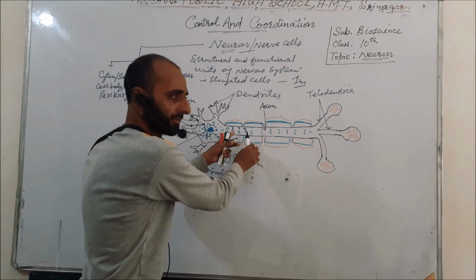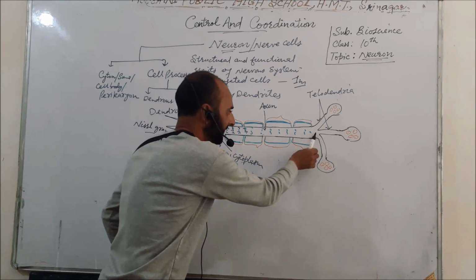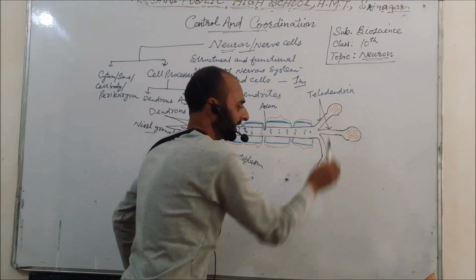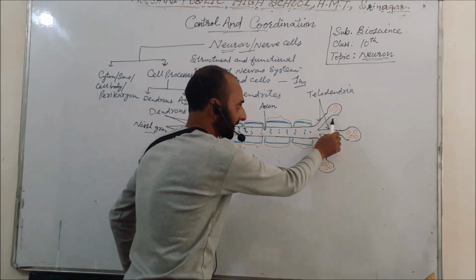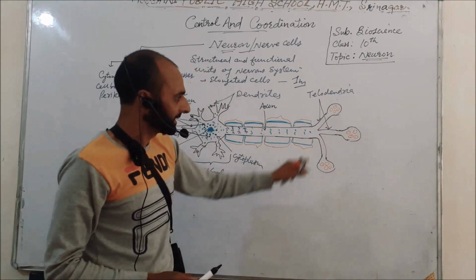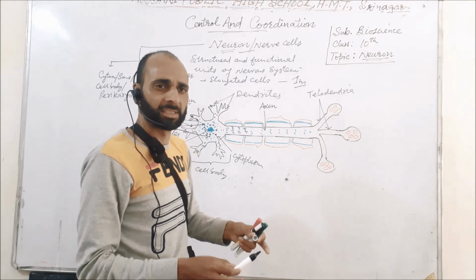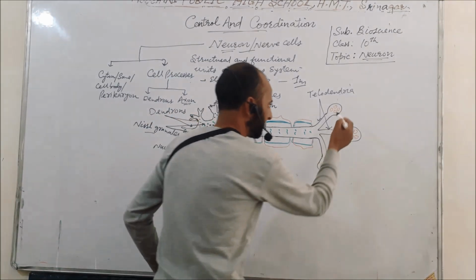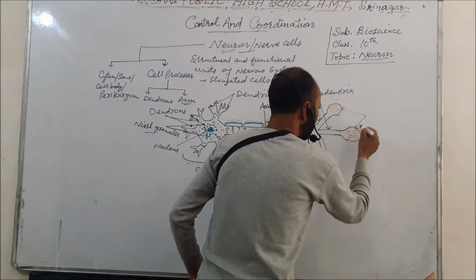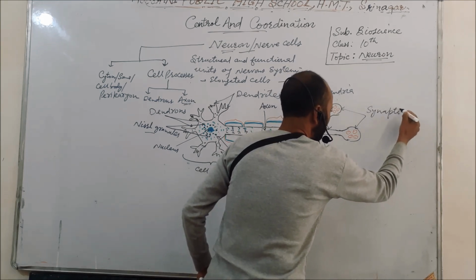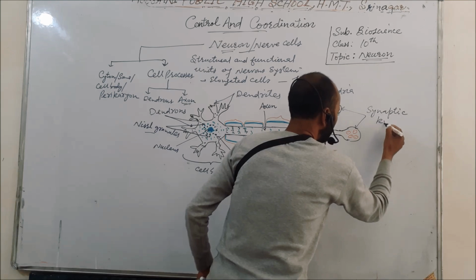It is of uniform diameter, and at the terminal end it divides into many branches called telodendria. These telodendria end in knob-like structures, large rounded structures, which are called synaptic knobs.